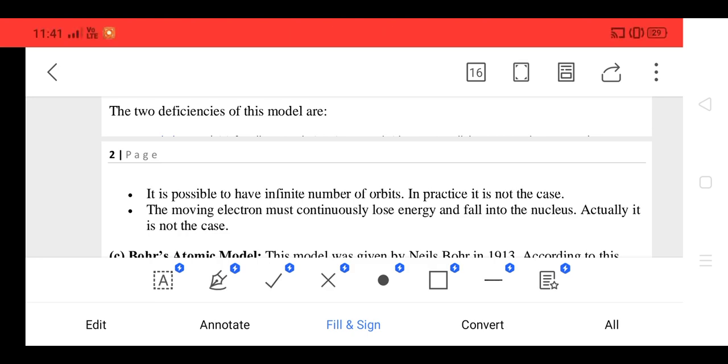Second one is, the moving electron must continuously lose energy and fall into the nucleus. Actually, it is not the case, because as the electron moves in a circular orbit, it has to lose its energy continuously and fall into the nucleus. But in actual practice, it is not possible. So these are the two deficiencies of this model.